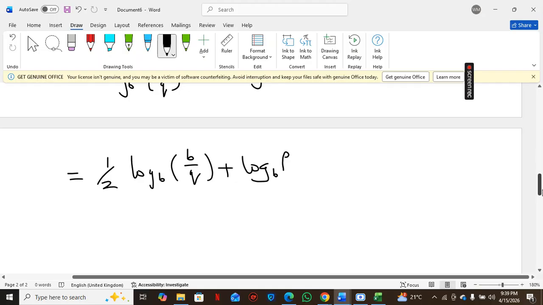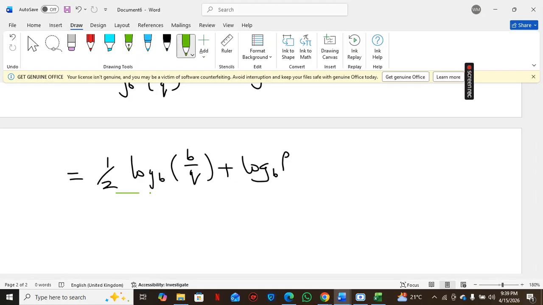Then we're still not yet done, because this is where most of the operations are happening. Now we can apply the quotient rule here.